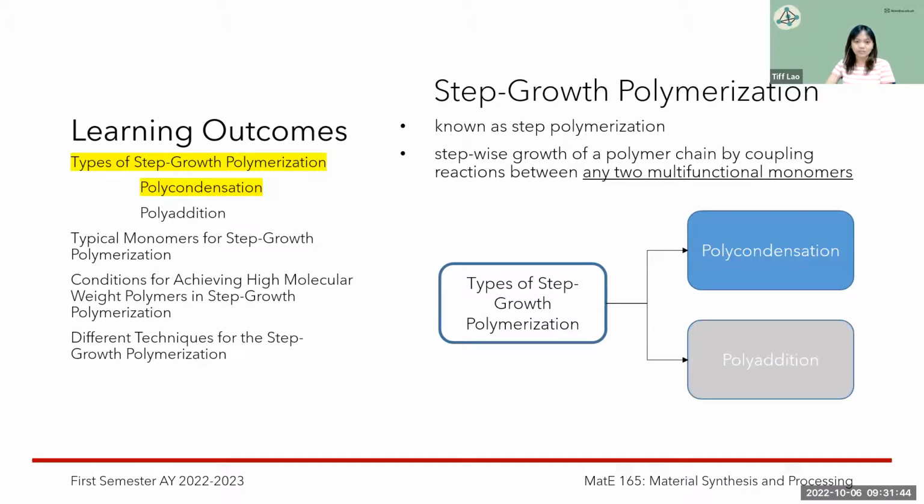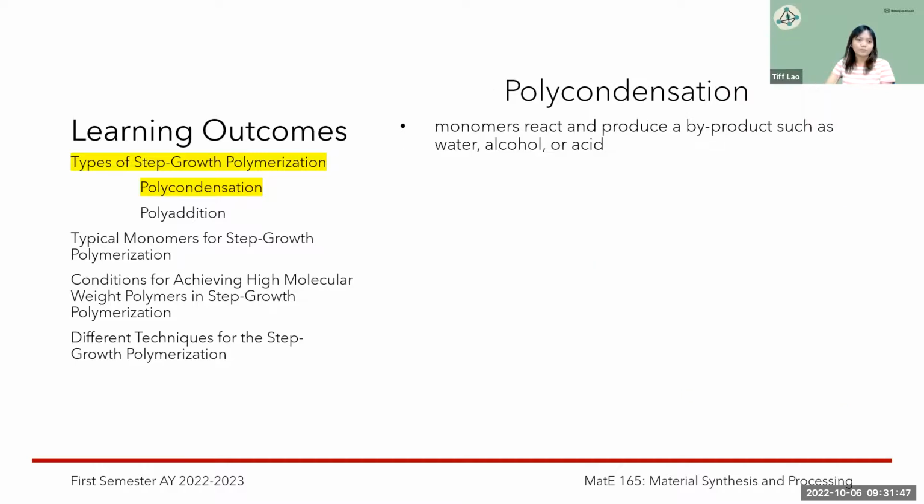So ano yung polycondensation? So yung polycondensation, if you react monomers, meron kang byproduct na water, alcohol, or acid. So for example, if we're going to produce yung PET bottles natin, you need these two monomers, ethylene glycol at saka terephthalic acid. And if you check yung type ng monomer, both are not vinyl monomers, both are also not diene monomers.